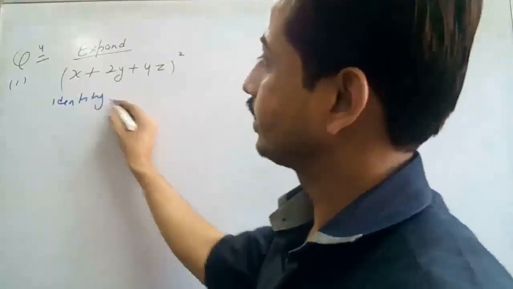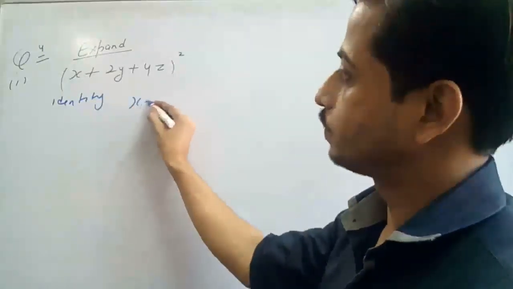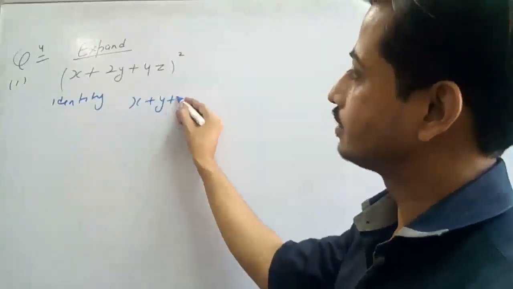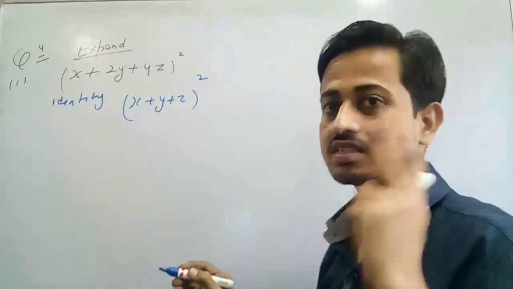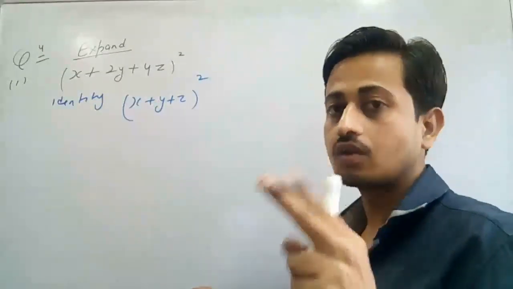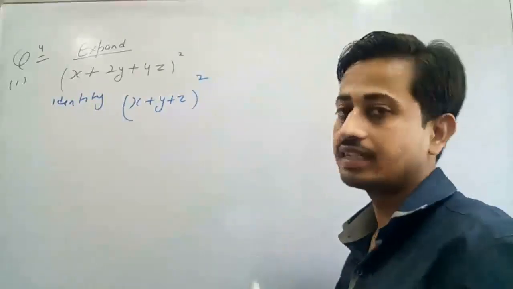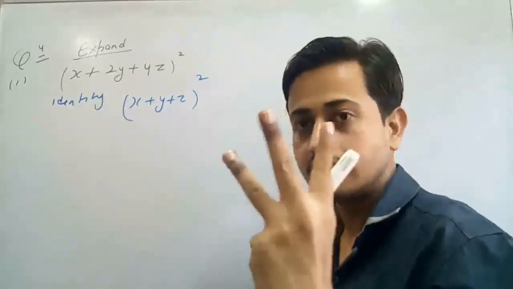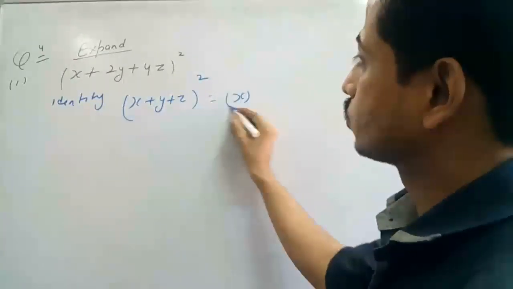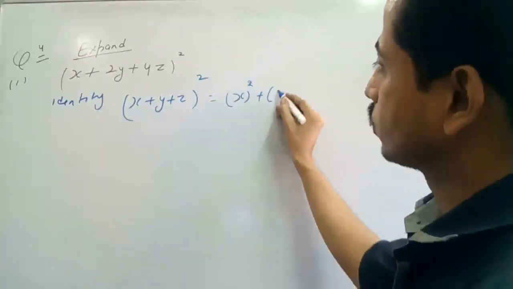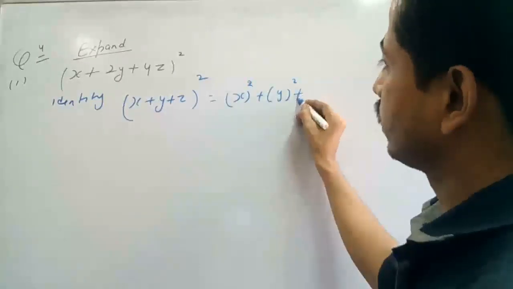What is our identity? (x + y + z) whole square of 3 terms. The first two identities are whole square of 2 terms, but this is the identity for whole square of 3 terms. It's very simple: square of first, square of second, square of third.